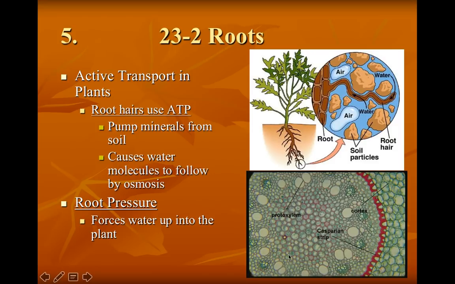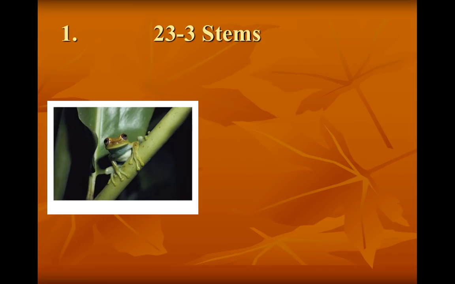There's a pressure caused by all this water being pulled into these cells, and that pressure is called root pressure, and that's what will drive more water going up the plant.